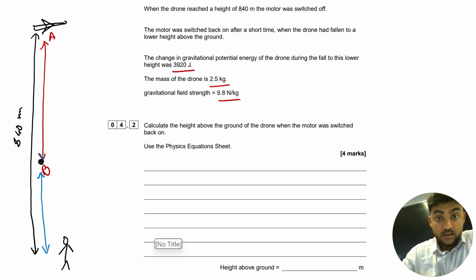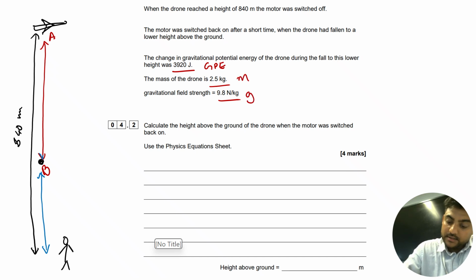So now let's do the question. Whenever you do these questions, it's best to practice doing the equations, the maths steps. So first extract the data. This is GPE, this is mass, this is gravity. We're trying to find height.